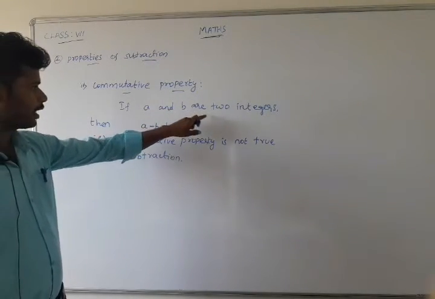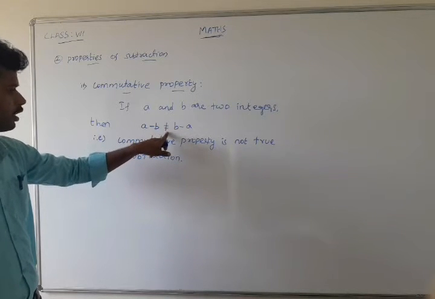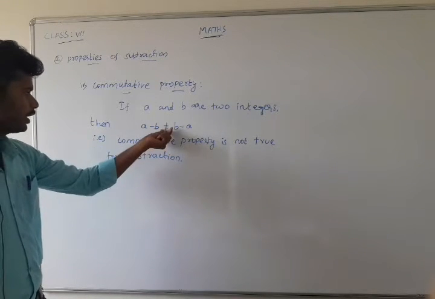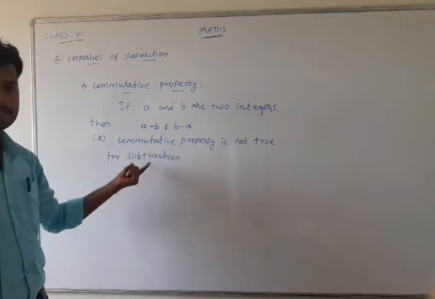If A and B are two integers, then A minus B is not equal to B minus A.